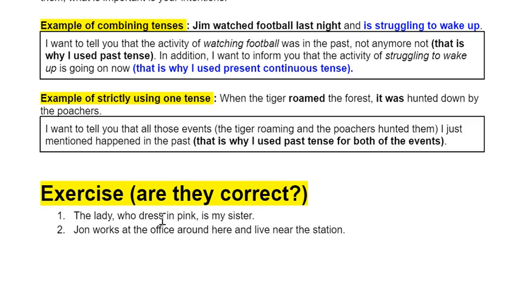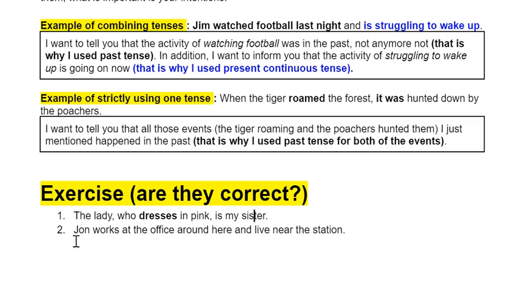So this is an action verb. What we have to do is dresses. So the lady who dresses in pink, this is an action verb, right? Is my sister. Now this is a linking verb, a linking verb for a singular subject. Is it true that we use is? Of course it is true. So the lady who dresses in pink is my sister.